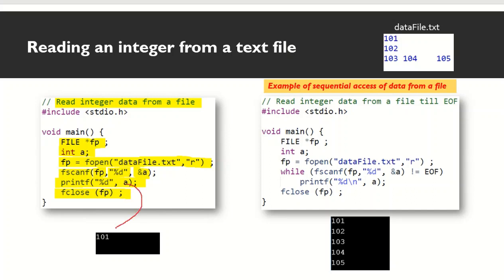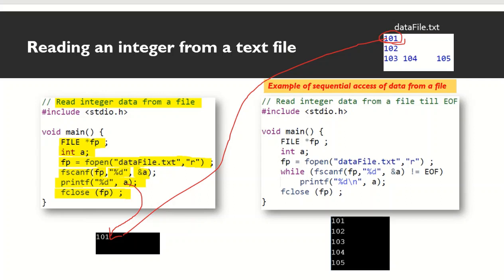It prints only the first integer. That means it will read only up to this. This entire data is a single integer data. 101 is a single integer data that is read and printed.